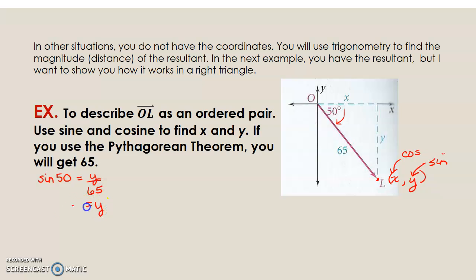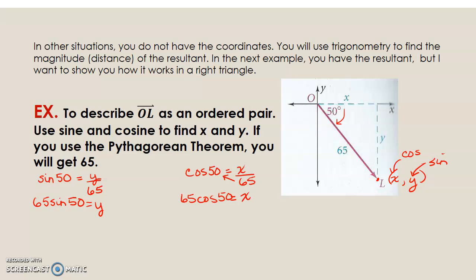So y is going to equal 65 sine of 50. Same thing for our x. It's not sine of 50, it's cosine of 50, which is equal to the adjacent x over 65. So when you cross multiply, x is going to equal 65 cosine 50.